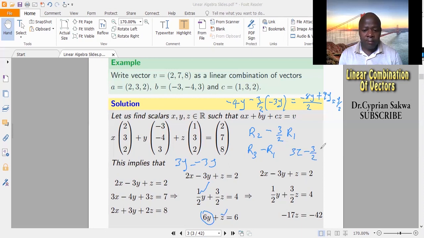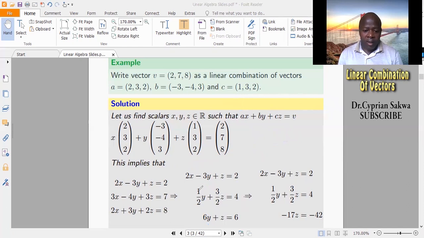Row 1 is z. So this is just 2, and this would be 6 minus 3, which would be 3z, so 3z over 2. Similarly, I did this for the others, and I found 4 and 6 respectively.